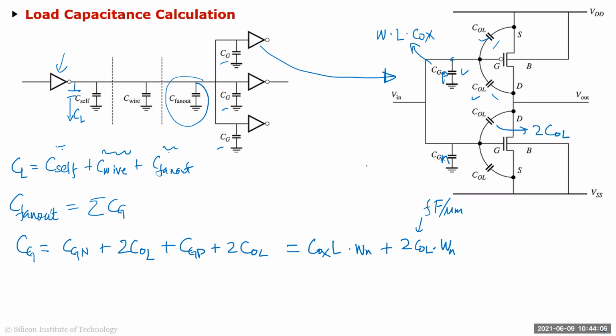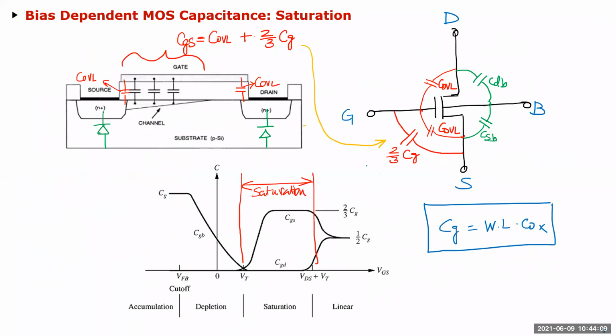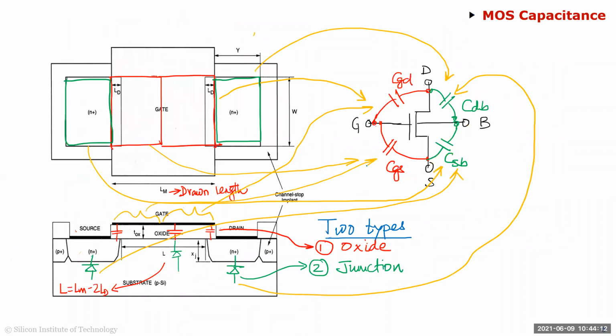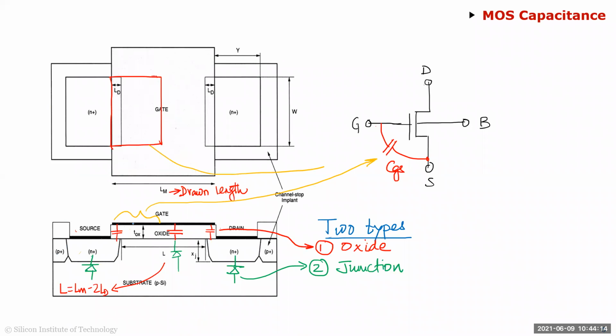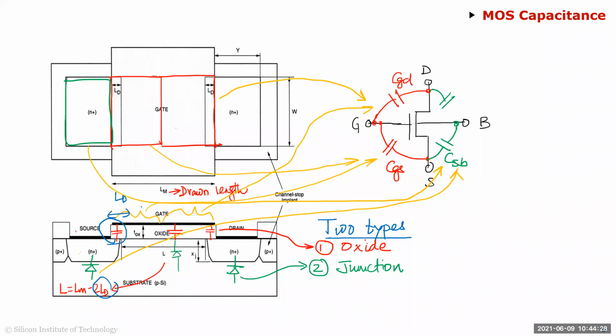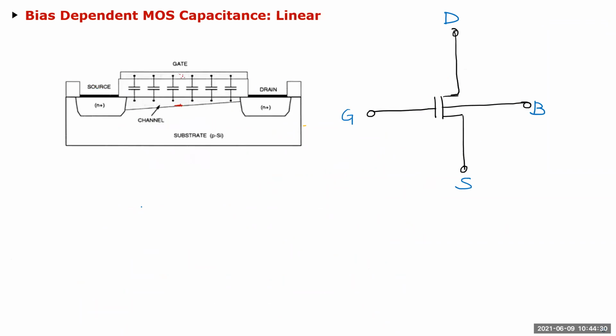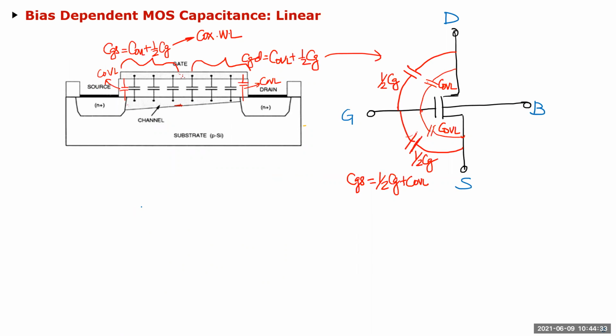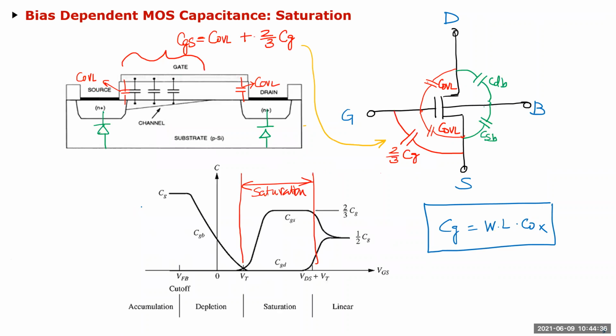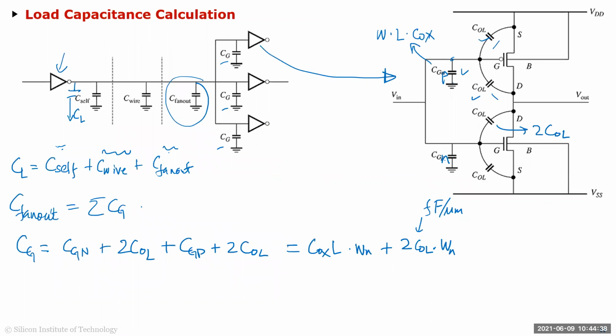The extension of the overlap cap, if you look here, this is that LD, right? LD here. So that's a process parameter. Once you get it from the process, that's known, whatever it is, 1 nanometer, 2 nanometer, 3 nanometer. It'll slightly change over process from slow, fast corner and all that, but it should be pretty close to that. So as you're increasing W, it just scales with W. So that's why this is 2COL times the WN.